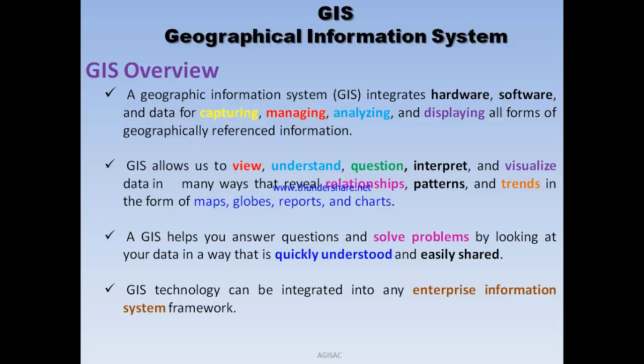And GIS allows us to view, understand, question, interpret, and visualize data in many ways that reveal relationships, patterns, and trends in the form of maps, globes, reports, and charts. Besides this, GIS helps us answer questions and solve problems by looking at your data in a way that is quickly understood and easily shared. GIS technology can also be integrated into any enterprise's information system framework.